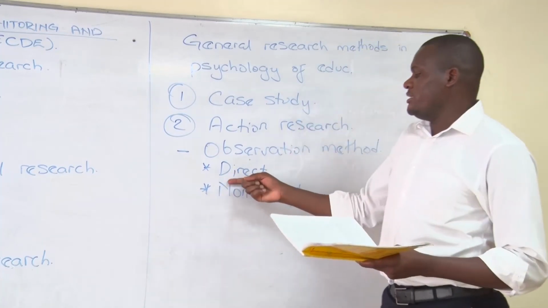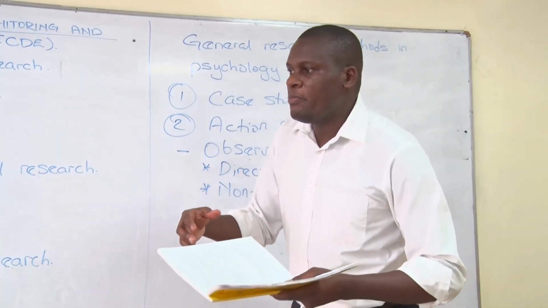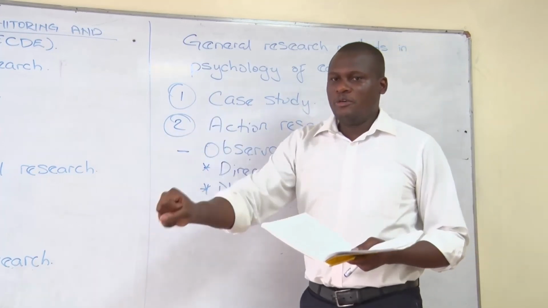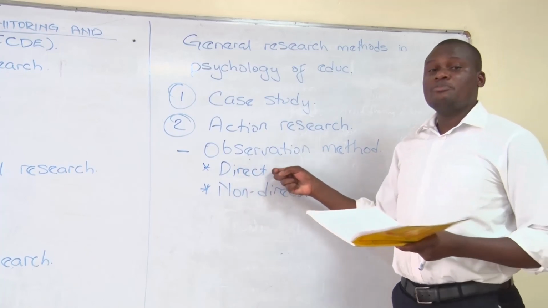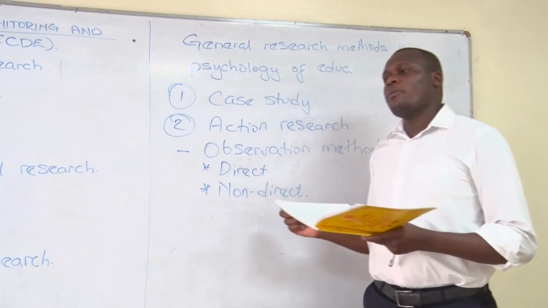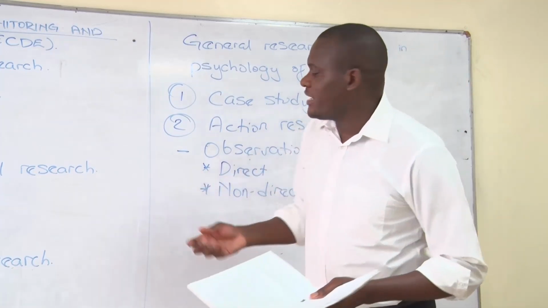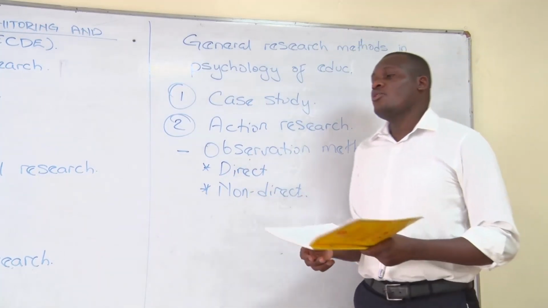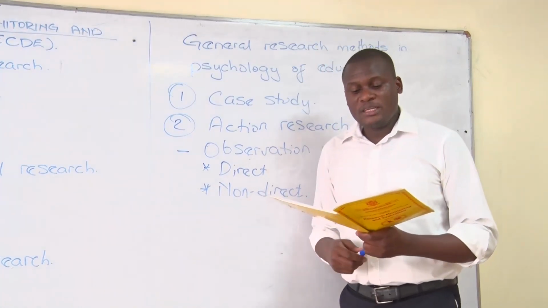If children are playing in the field, involved in some game, you actually get involved in that game so that you can be a participant and collect the data. In the non-direct observation, you do not necessarily get involved directly with the data collection, and hence you are not one of the subjects.